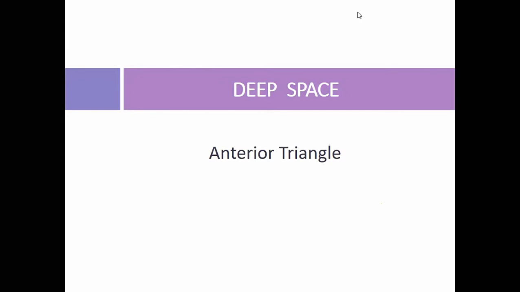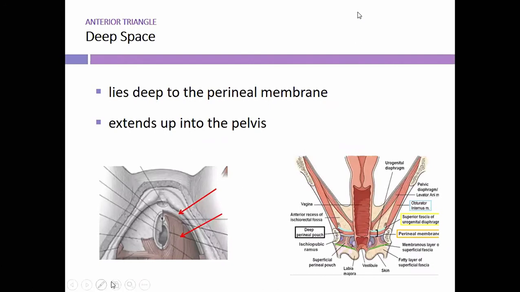Now, beneath the superficial space of the anterior triangle is the deep space. So the deep space is seen once the perineal membrane is removed or cut. So this now extends into the pelvis. So this is the perineal membrane.